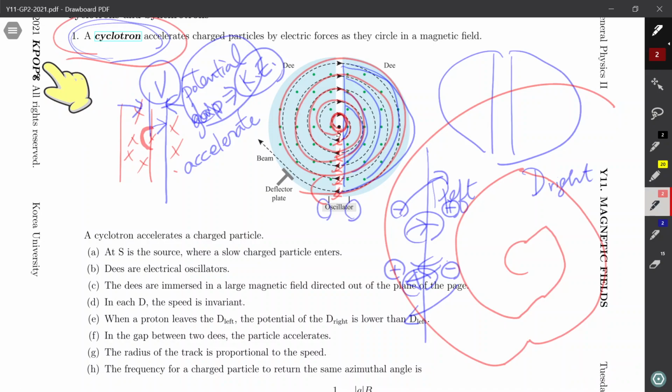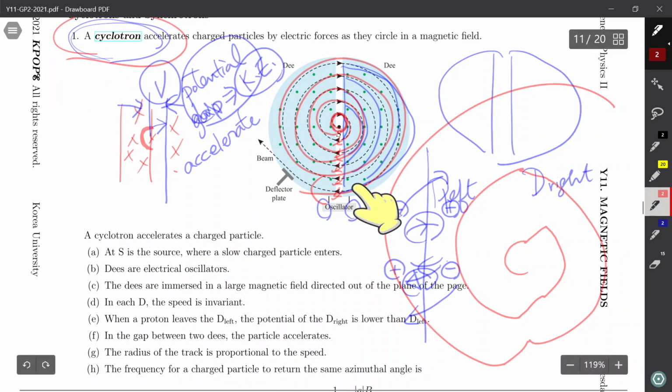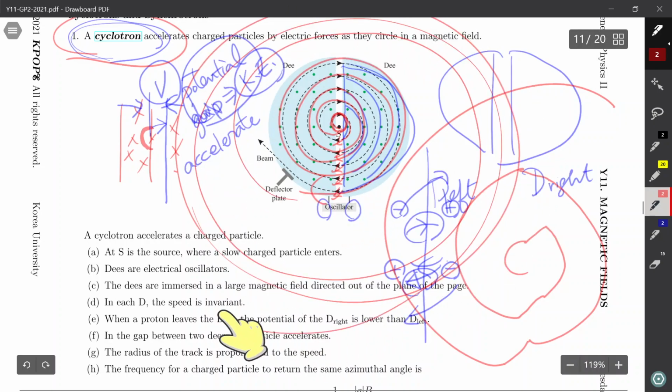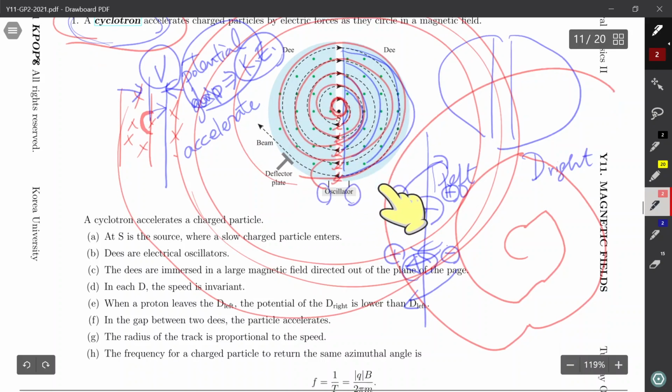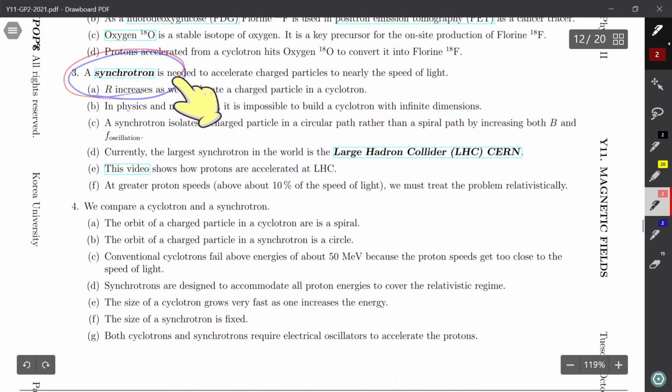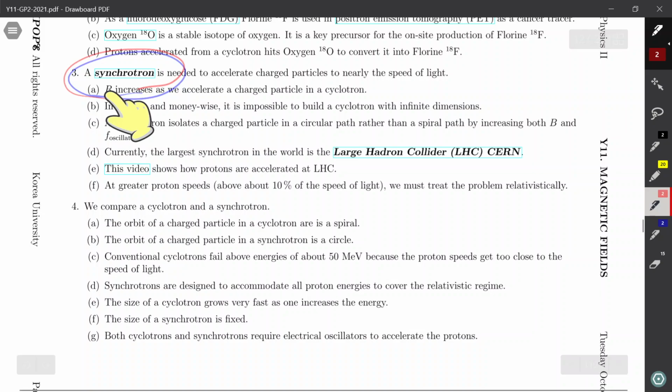However, if we use a cyclotron to accelerate a particle, the size must be increased arbitrarily large. So the expense is tremendously higher when we want to achieve a very high energy. So the cyclotron is efficient for the low energy case, but to achieve high energy acceleration, the cyclotron is not efficient. Another one is the synchrotron.